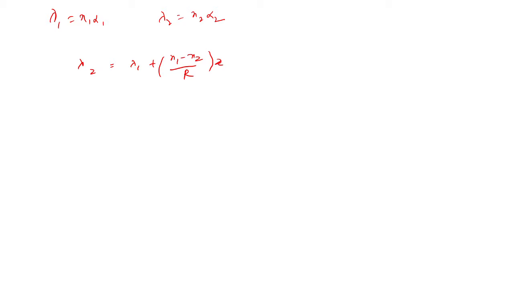So for the sake of convention, we're going to define this power p as n2 minus n1, not n1 minus n2, n2 minus n1 by r. So then I can write lambda 2 as lambda 1 minus p times x, right? And so this is called the power of the refracting surface.